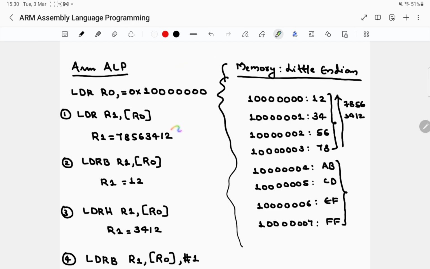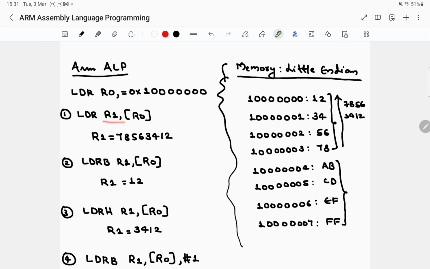Now, what are the different formats? The first one is LDR R1, [R0]. R1 will be loaded with the value pointed to by R0. That is the meaning. Since it is LDR, the processor goes to the memory and 32 bits will be loaded, following the little endian format that is being processed by the processor.